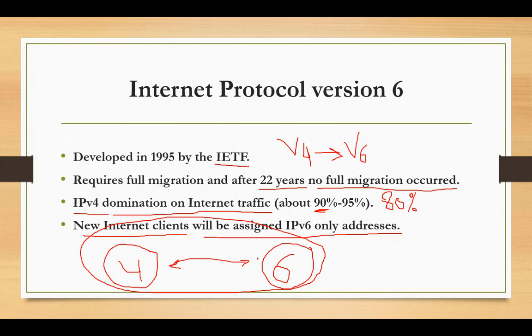It will take many years. I cannot say exactly how long, but I can say it will take decades, because it depends on enterprises and ISPs. Every enterprise and every ISP has to migrate to IPv6, so the internet will be an IPv6 infrastructure.